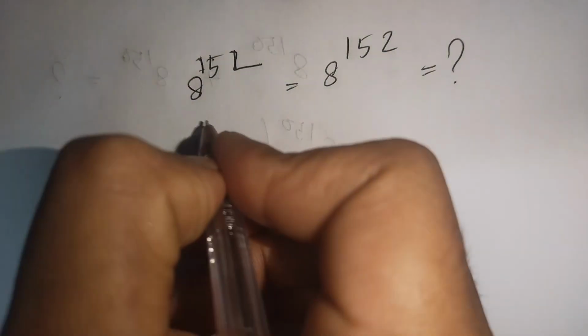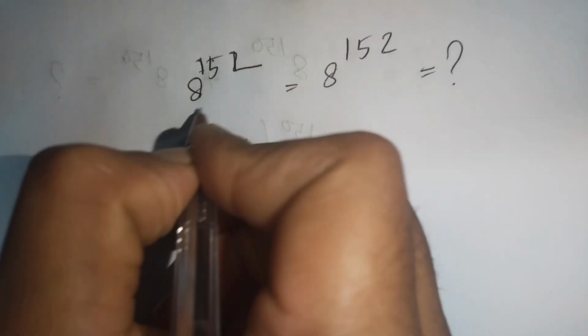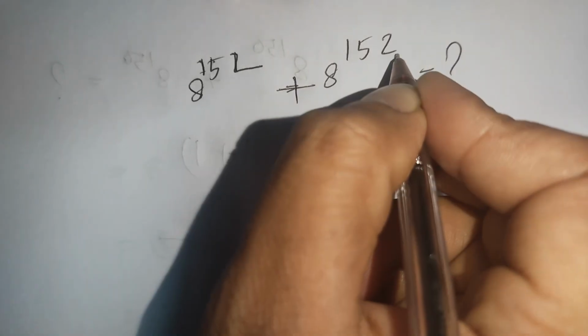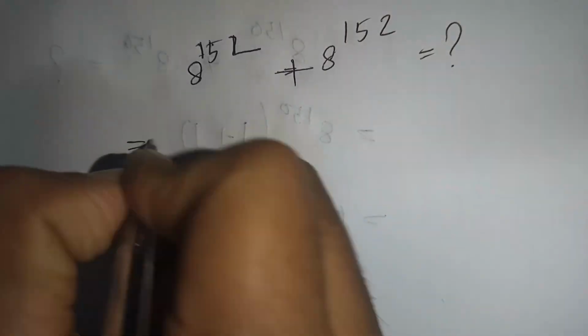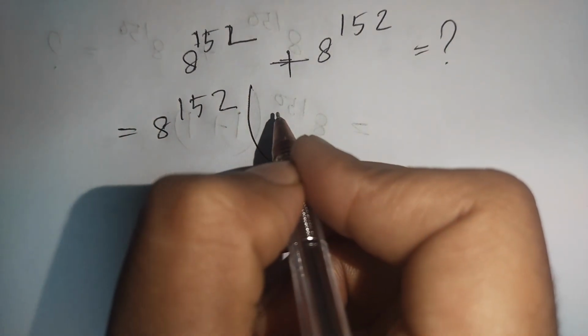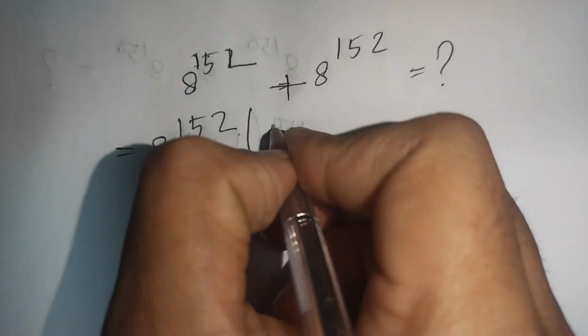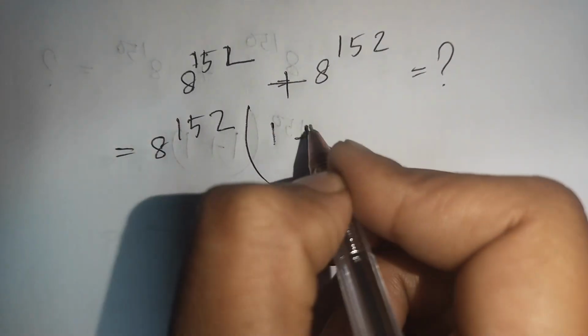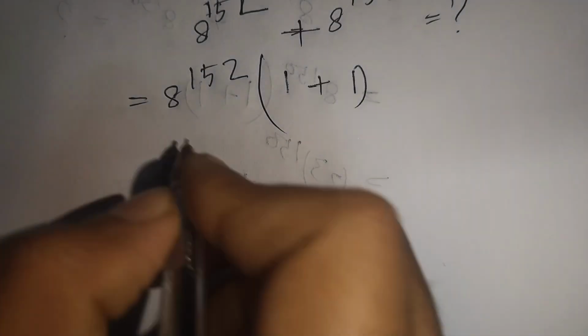So this is how to solve a to the power 152 plus a to the power 152 is equal to what? At first we take common a to the power 152. First bracket start. This divided by this, that means 1, plus this divided by this, that means 1.